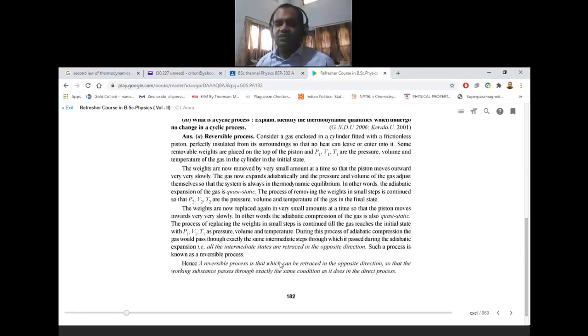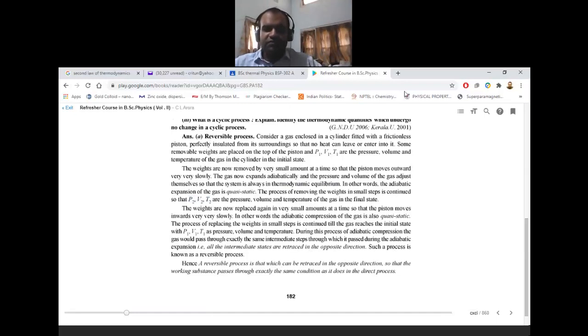You remove all the weights, and the piston will move to a new position. Suppose at that new position, the pressure, volume and temperature of the gas are P2, V2 and T2.